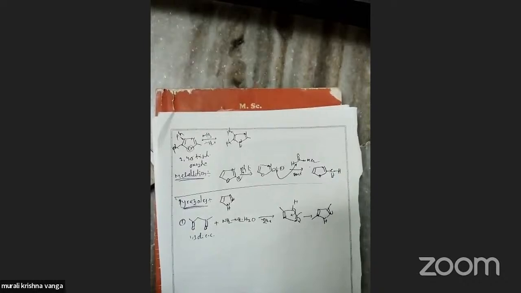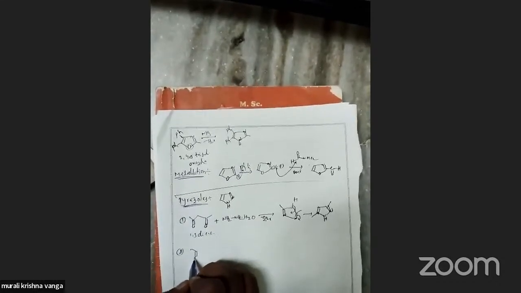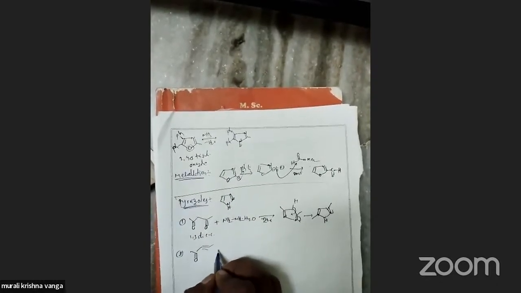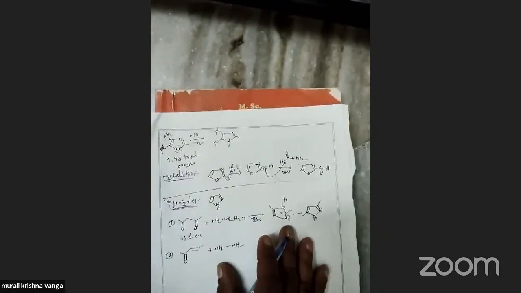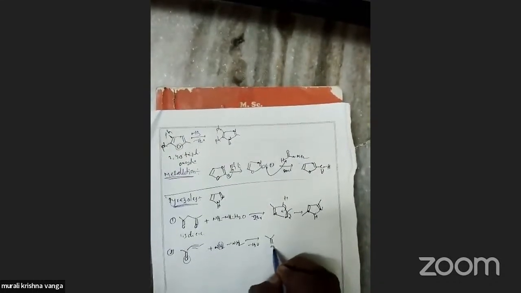Next is alpha,beta-ethylenic compounds with hydrogen. When these compounds react, first they undergo a condensation reaction by loss of a water molecule.